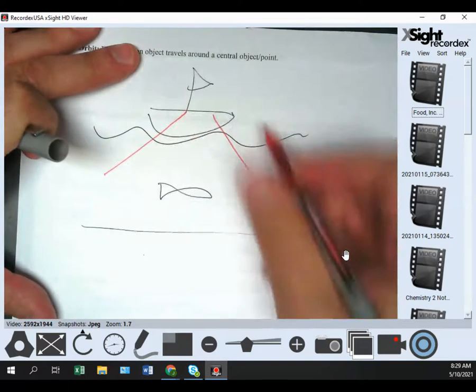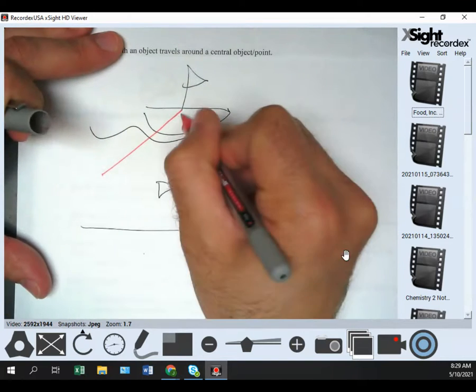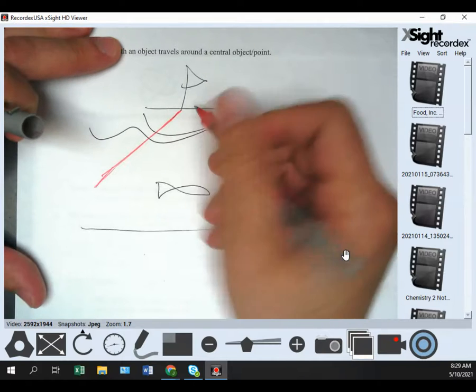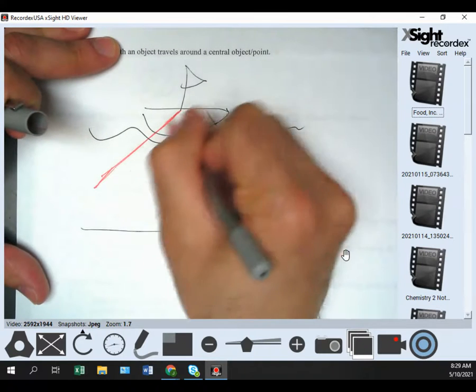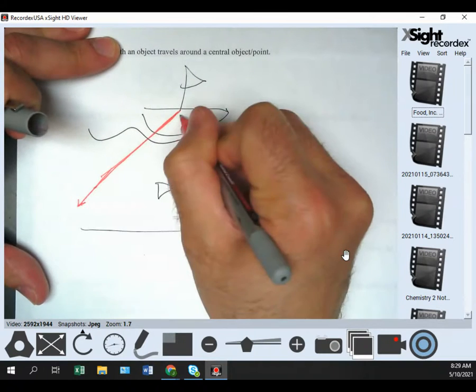So like this would be the signal, and it keeps traveling in a straight line out until it hits something.